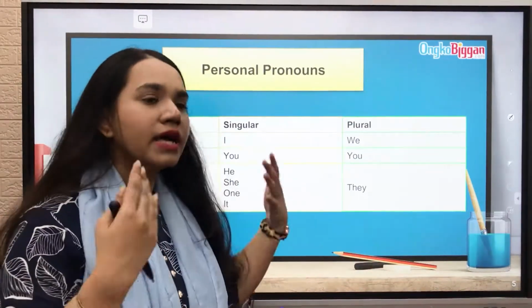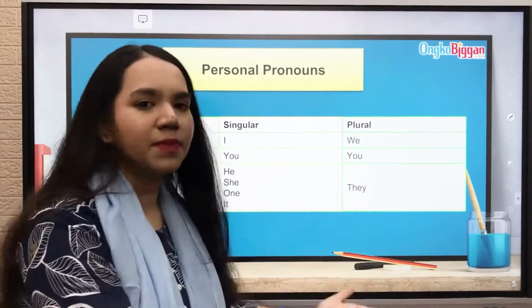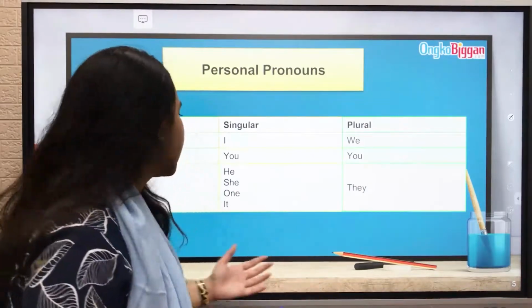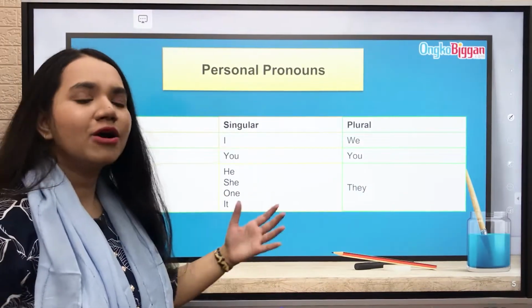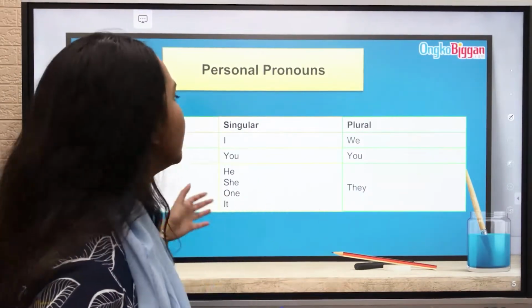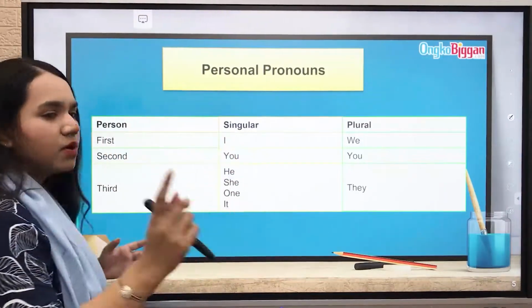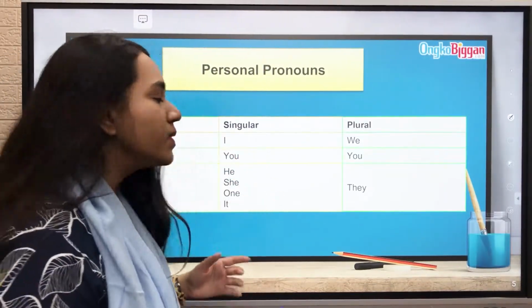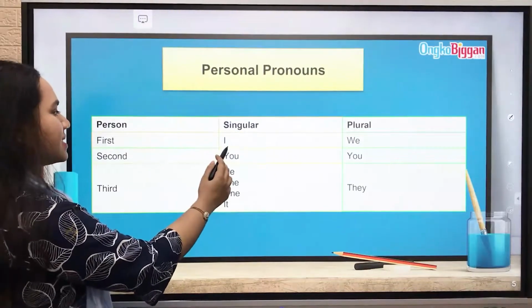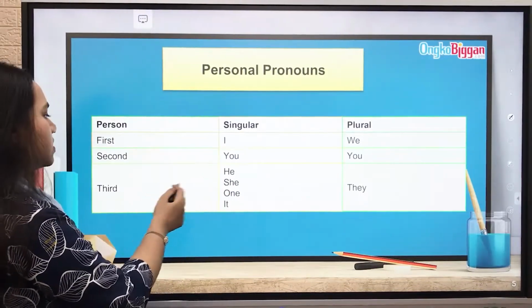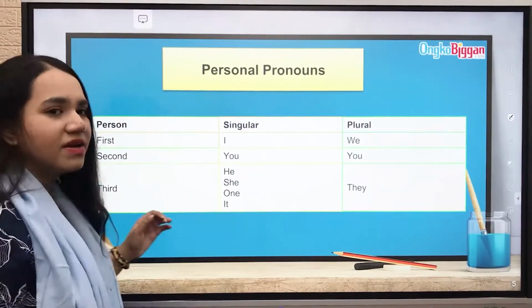So in order to refer to someone who is not part of our conversation, we will say he, she, one, it, or if it's plural, we will say they. Singular means there will be only one person, plural means more than one. So you see how for first person it's I, second is you, third is he, she, it or even one.